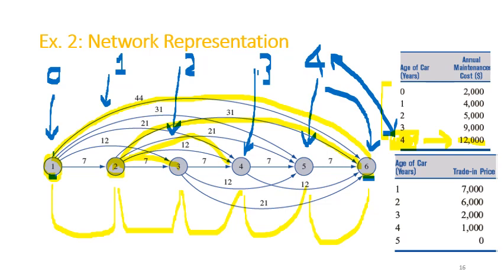Next, I'm going to talk about how we can get the value above each arc, this distance between nodes. Or actually in this problem, those values correspond to cost. But in the shortest path problem, the value above an arc is a distance.